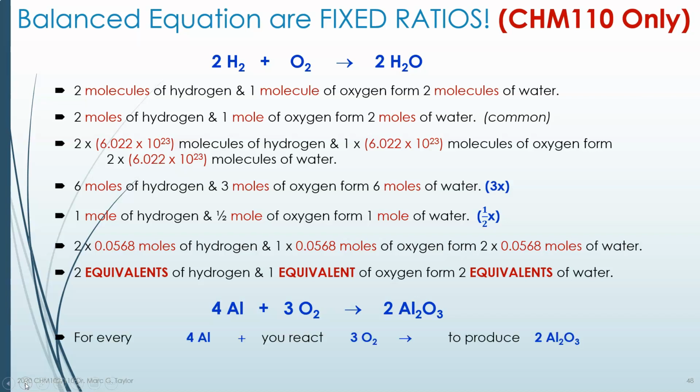So here's another problem for you. If we know that for every 4 aluminums, you react 3 oxygens to produce 2 aluminum oxide, that's what the balanced equation says, how many moles of aluminum are needed to produce 8 moles of aluminum oxide? Well, your reaction shows 2 moles of aluminum oxide. 8 is 4 times that amount.